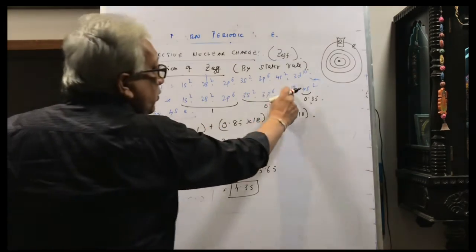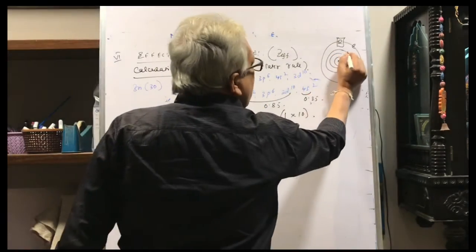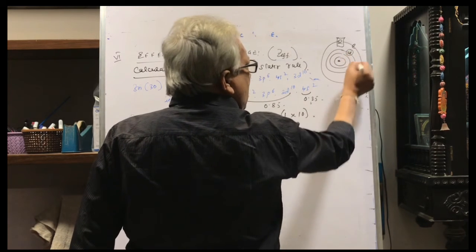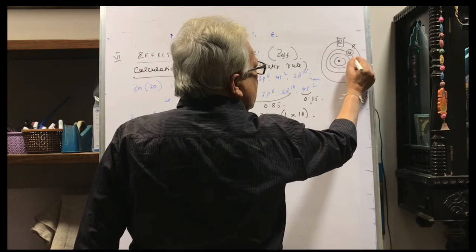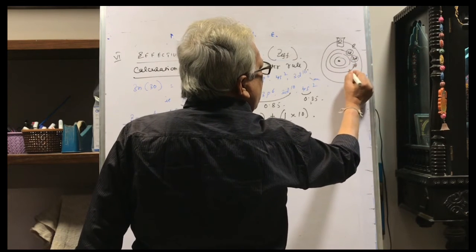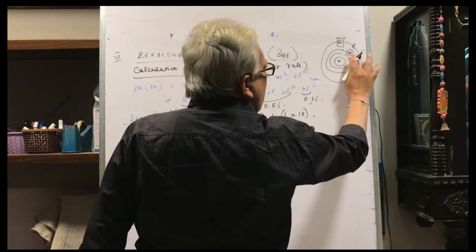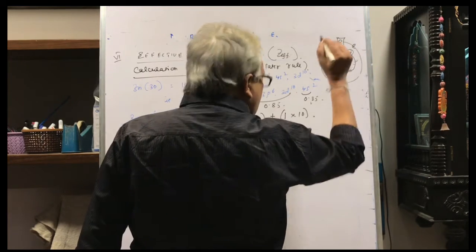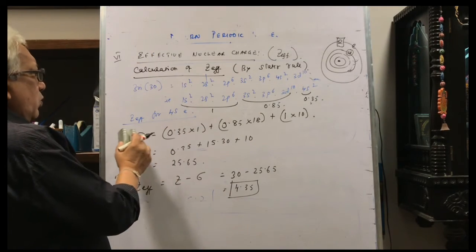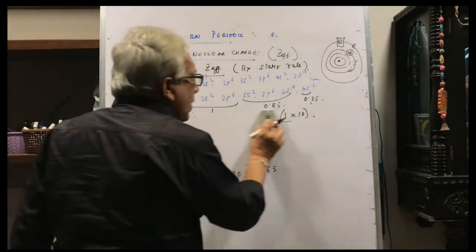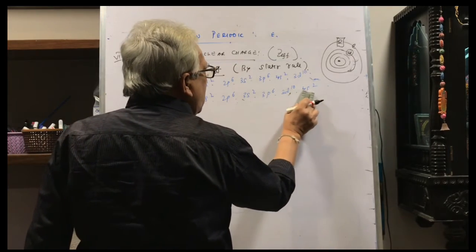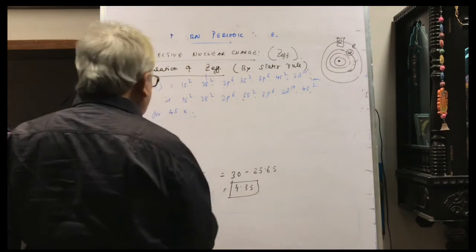one electron of the 3d. In this 3d there are 10 electrons, like that 10 electrons are there, and I am thinking of only one electron. What will be its effective nuclear charge? So if I have to find out that, you just see this.